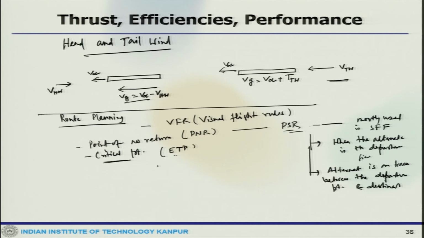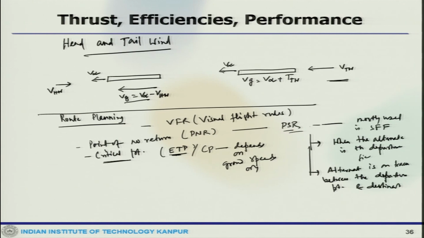In nil wind condition, the ETP is located halfway between the two aerodromes, but in reality it is shifted depending on the wind speed and the direction. While distance to a PNR is dependent on fuel availability and fuel flow, the critical point, the CP, is independent of fuel consideration and depends on ground speeds only.